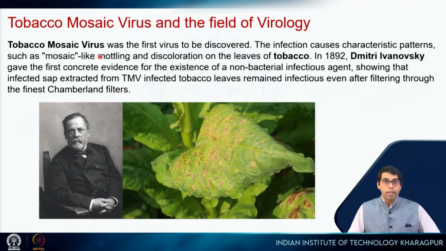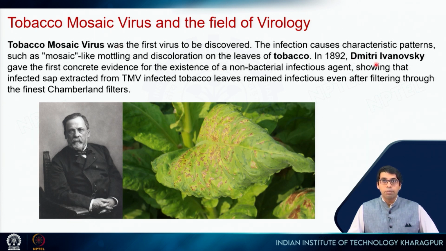Tobacco mosaic virus, it turns out, was the first virus to be discovered. The infection causes characteristic patterns such as mosaic-like mottling and discoloration on the leaves of tobacco. This is a picture. This is a big tobacco leaf, and infection makes it look like this. That is why it was called tobacco mosaic virus.